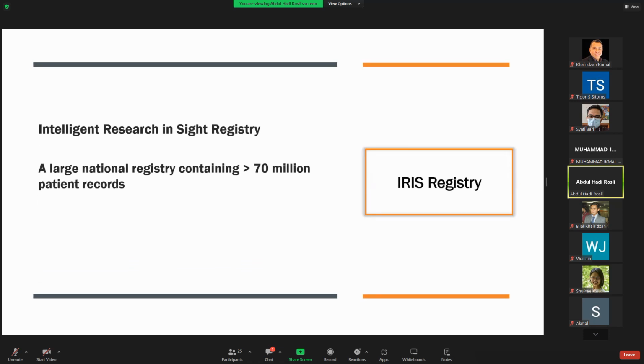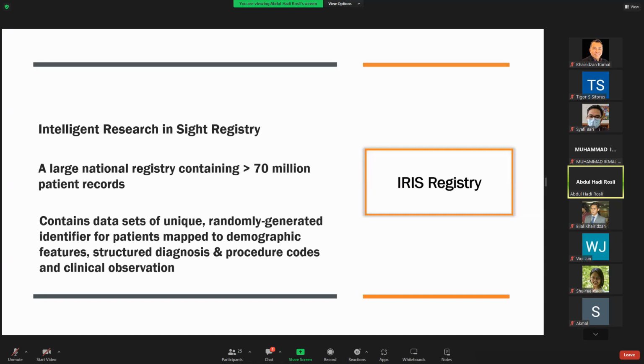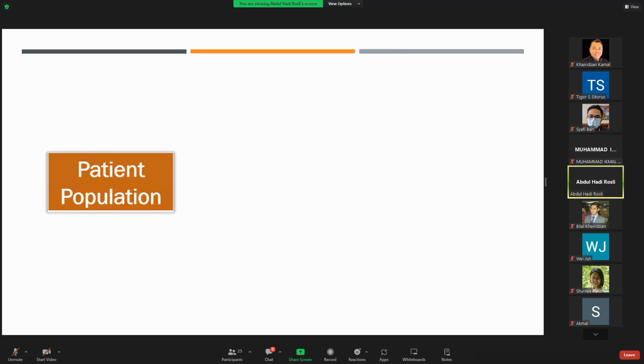It's a large national registry containing more than 70 million patients' records. The IRIS registry contains data sets of unique randomly generated identifiers for patients mapped to demographic features, structured diagnoses, and procedure codes, as well as clinical observations.